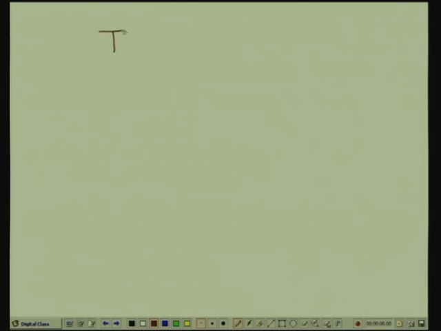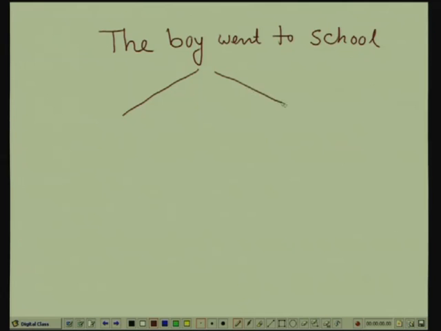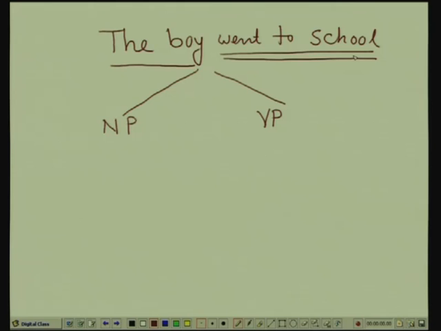Now, I will give you another example of a similar parse. Say, the boy went to school. Now, how do we parse it? Again, it will be broken down into a noun phrase, this, the boy, and a verb phrase, which is went to school. The boy can be further broken down into a determiner or article and a noun.